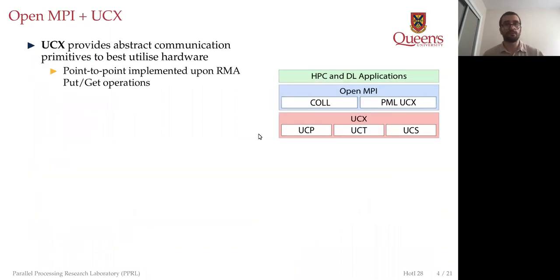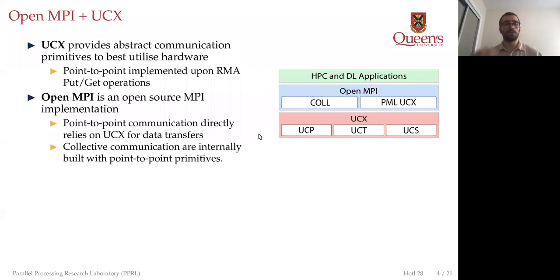So let's give a bit more background on OpenMPI and UCX. UCX provides an abstract communication primitive to best utilize hardware. It allows data transfer between different regions on GPUs using CUDA IPC or GDRCopy and so forth. And point-to-points in UCX are implemented with put and get operations within their library.